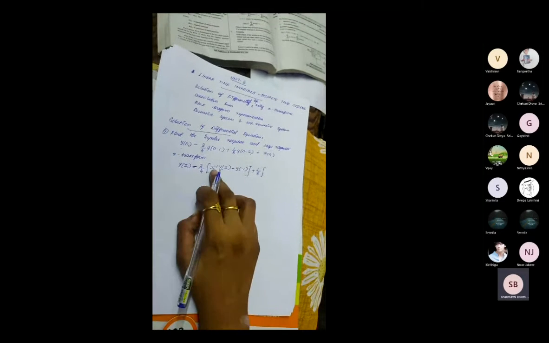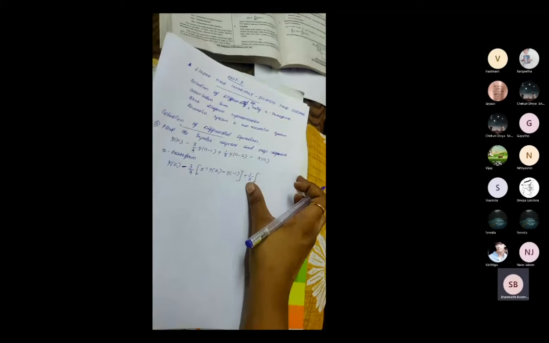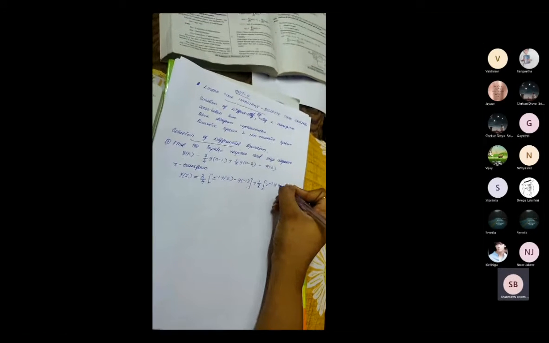Here you have y of n minus 2. Earlier it was n minus 1, so we took z power minus 1. Here you have y of n minus 2, so you should take z power minus 2 Y of z.